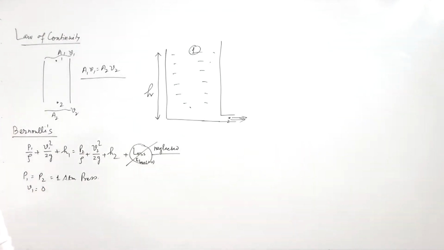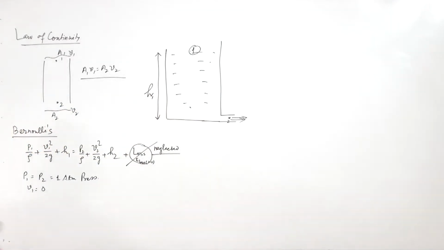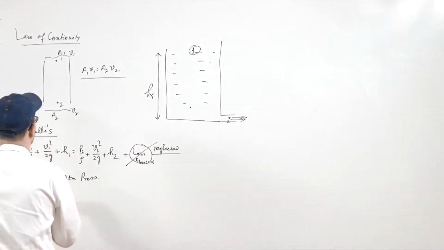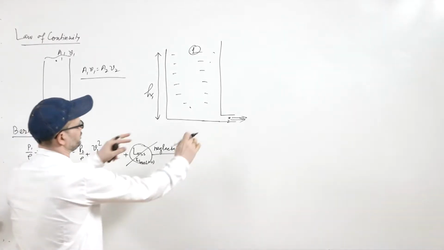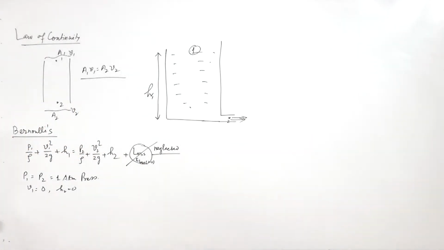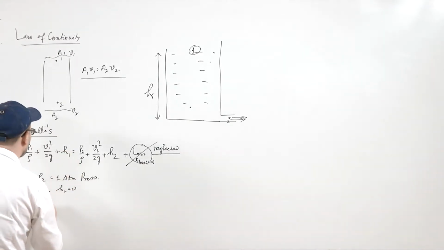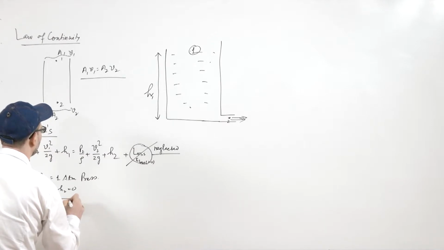Similarly, this is H1, and H2 will be 0, because this is a datum line. So, you will have this 0 and this 0, and this and this are cancelled. So, V2 is root 2g H1.